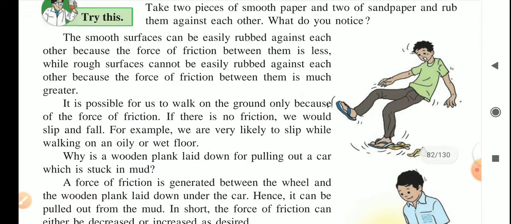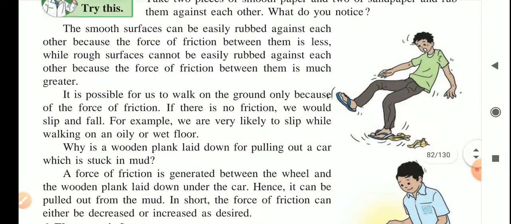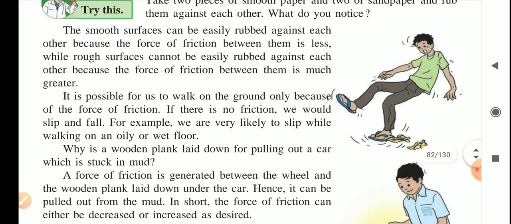So why is a wooden plank laid down for pulling out a car which is stuck in mud? The next example shows the force of friction. When the car is stuck in mud, people use a wooden plank to pull the car out of the mud. Why do they use a wooden plank?